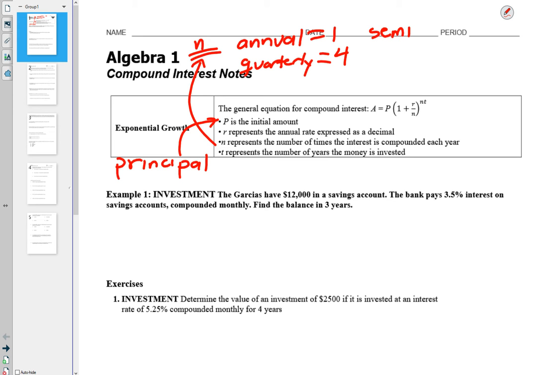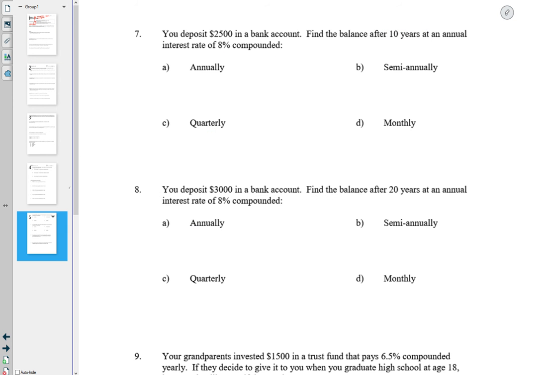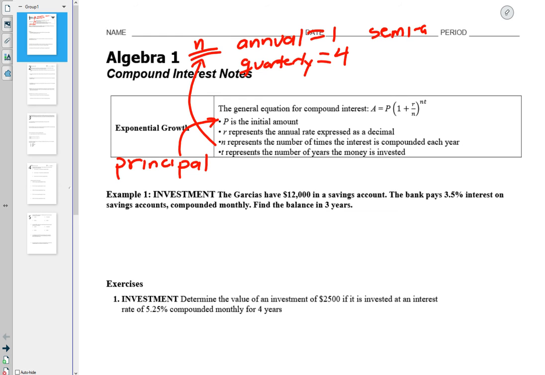Semi-annually. The prefix sem, or semi. How many semesters are there in a school year?